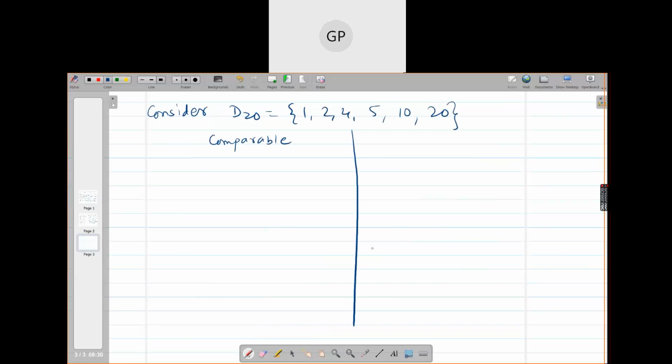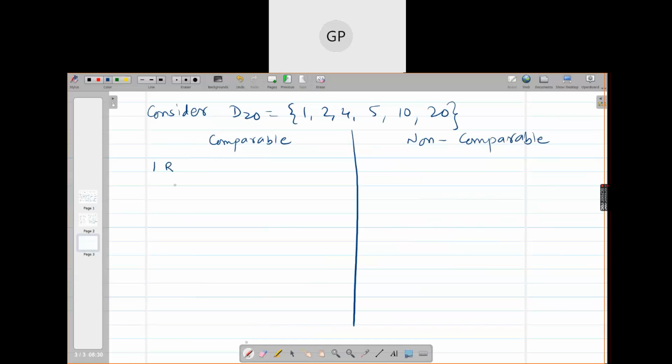Now, consider D20: 1, 2, 4, 5, 10, 20. So what are comparable elements here? We will list them out, comparable and non-comparable elements. 1 is comparable with everyone, right?